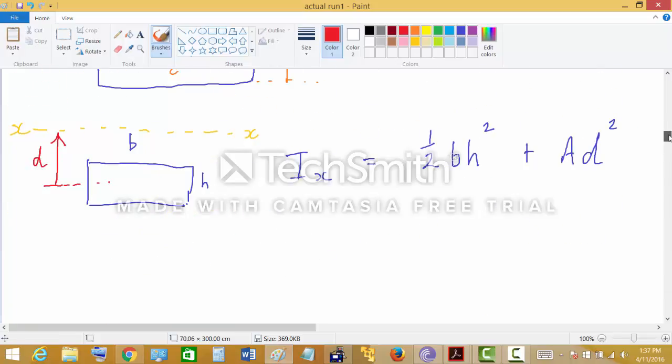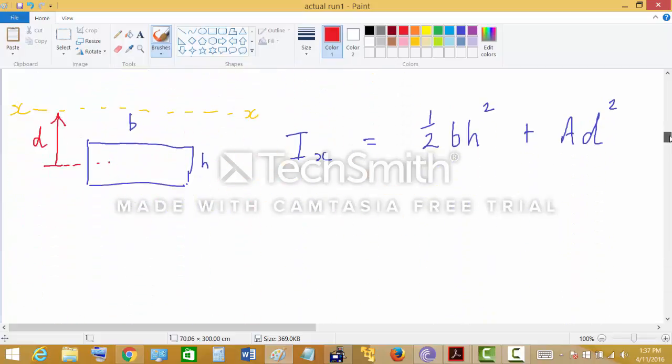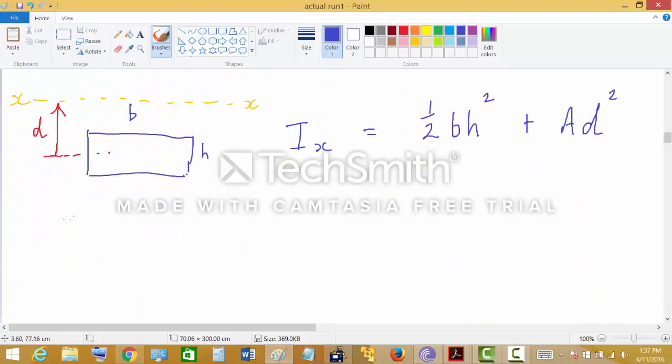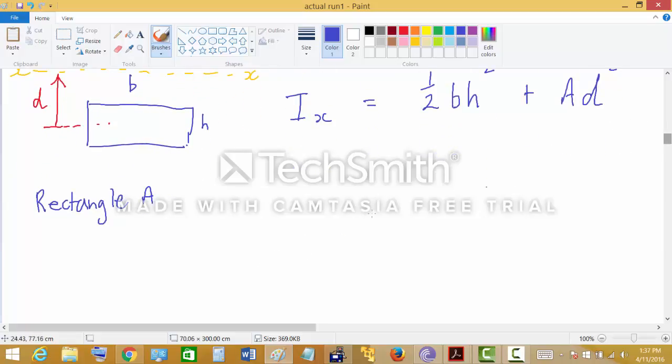So we'll do one rectangle at a time. So rectangle A.